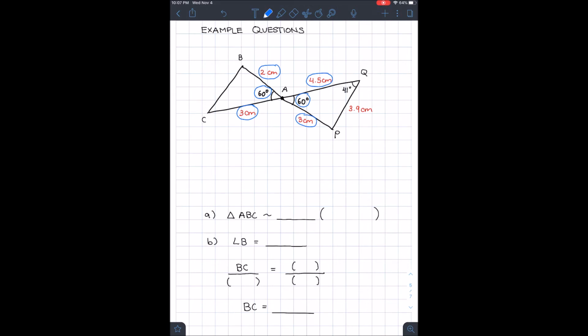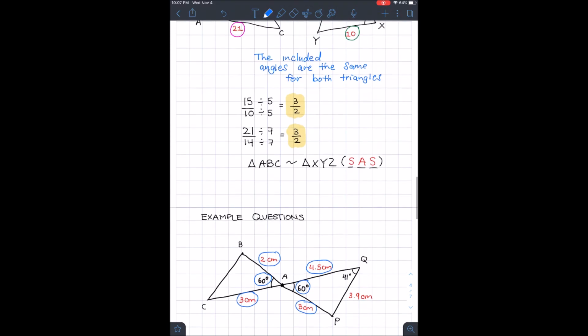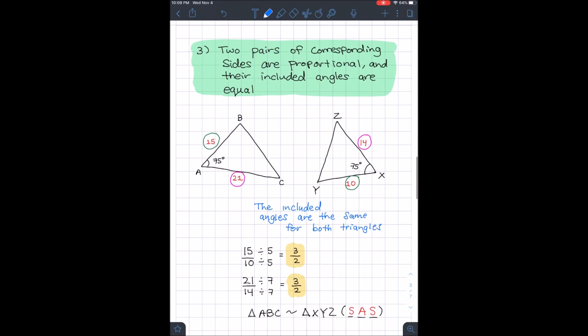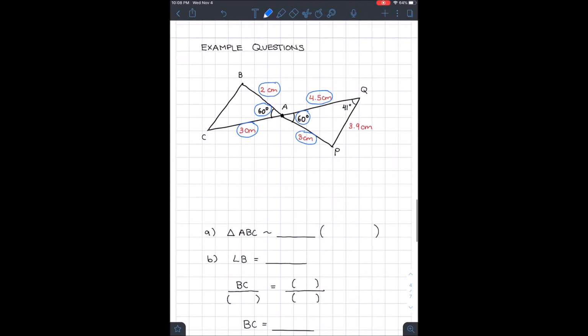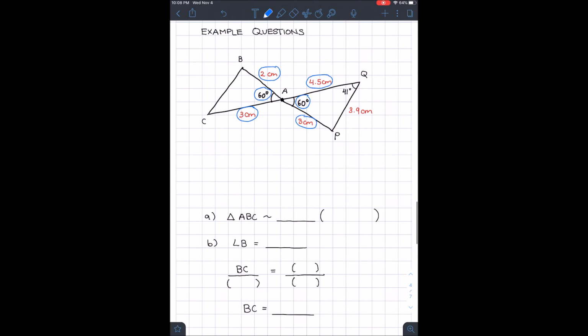So maybe we can check the third condition that we looked at earlier, right? Two pairs of corresponding sides are proportional and their included angles are equal. Maybe we can check that for this question. Okay, so let's try to do that.